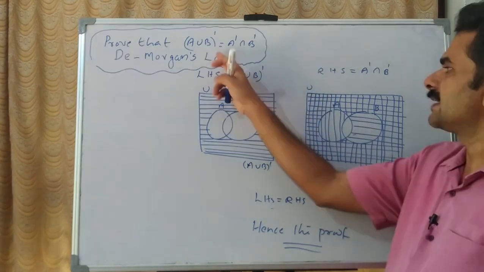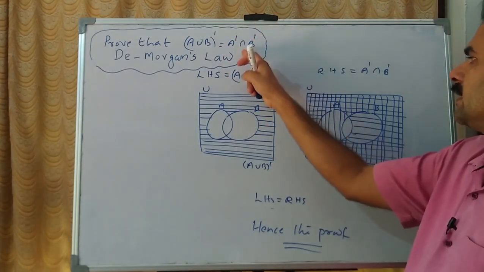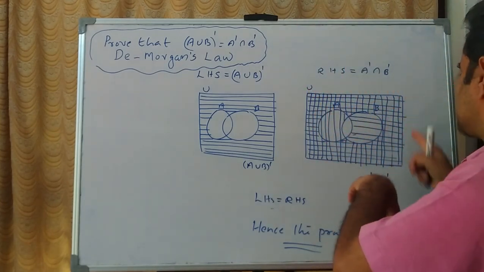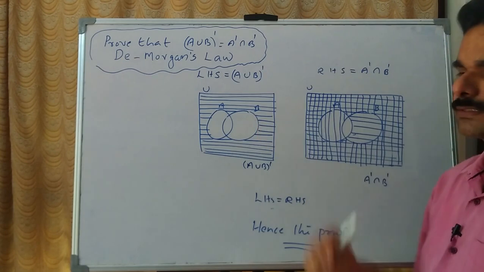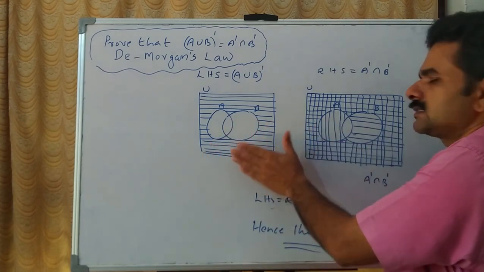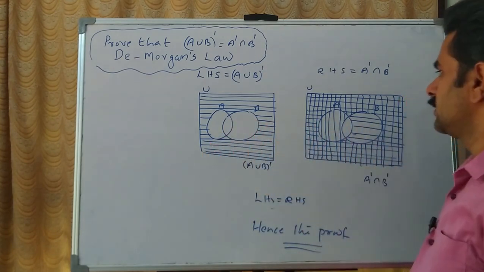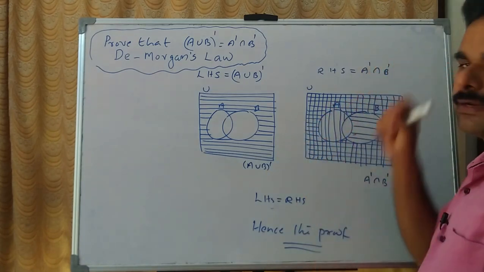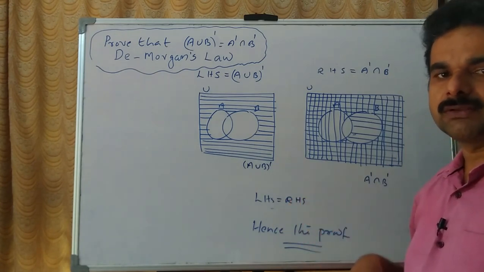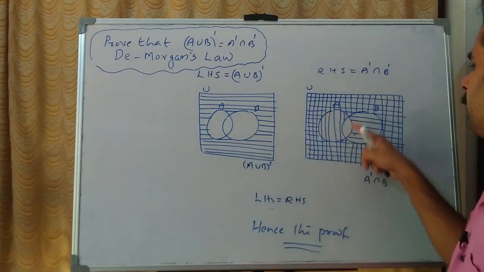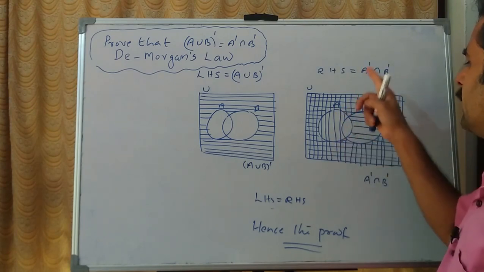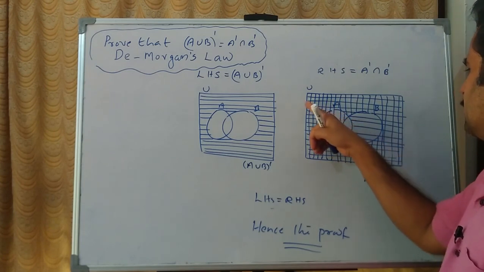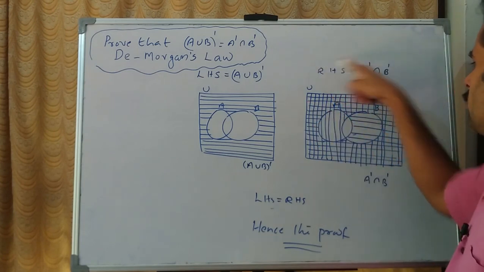Then for the right side, A complement intersection B complement, we take another box similar to this one. Both boxes must be the same size. Then A and B are drawn. To draw A complement, we first shade everything other than A using horizontal lines.